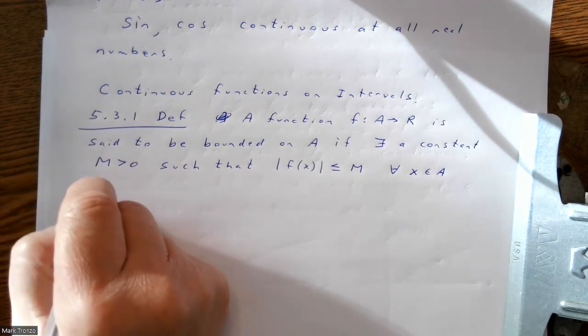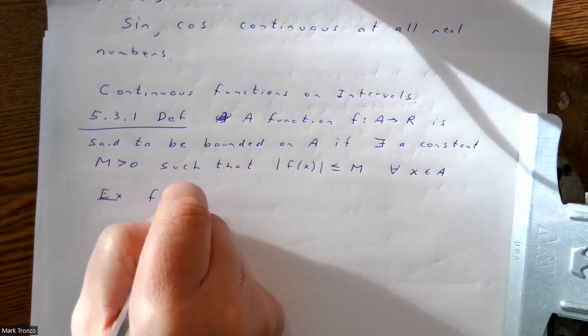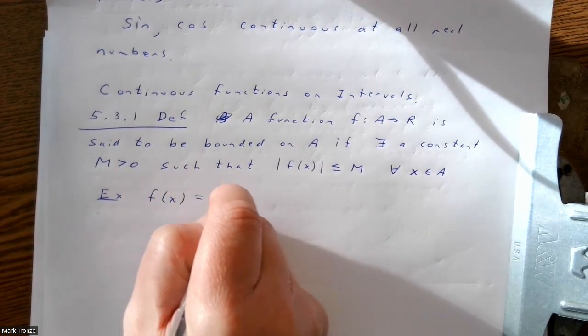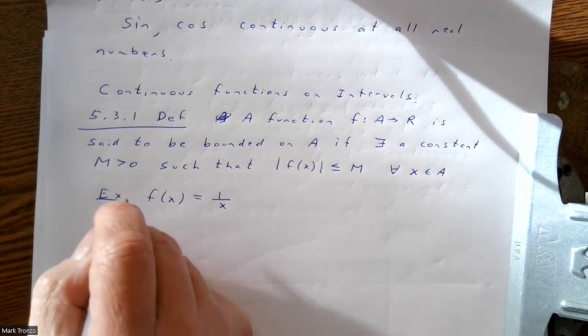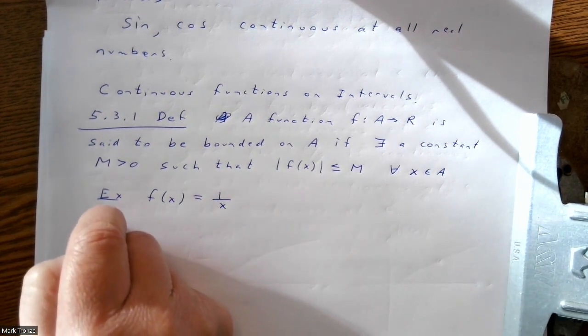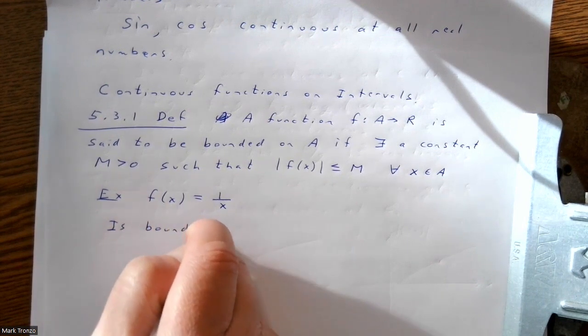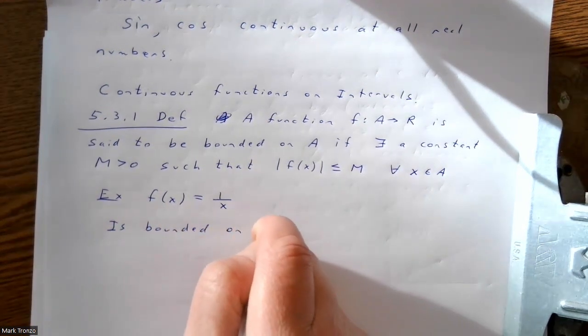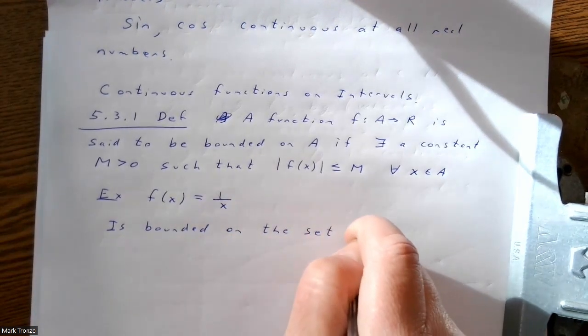For example, if you have the function f(x) = 1/x, it is bounded on the set, let's say, 1 to 10.